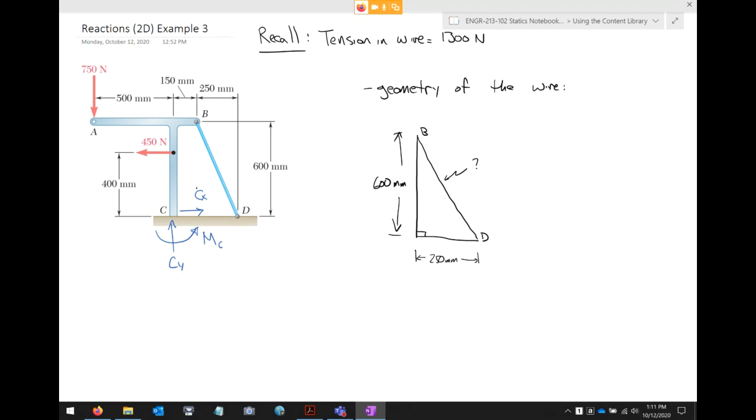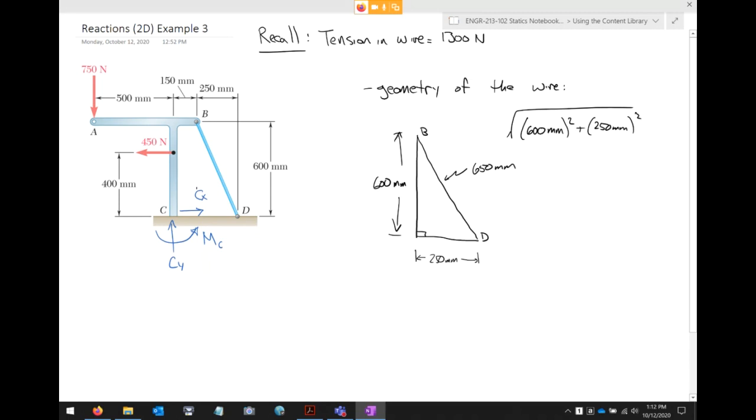I see somebody said 650, and the way you did that was 600 millimeters squared plus 250 millimeters squared and took the square root, right? So you got 650. And that's exactly right.